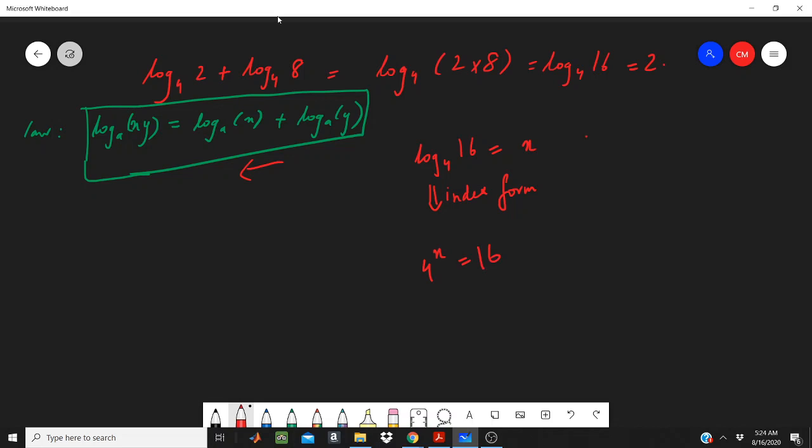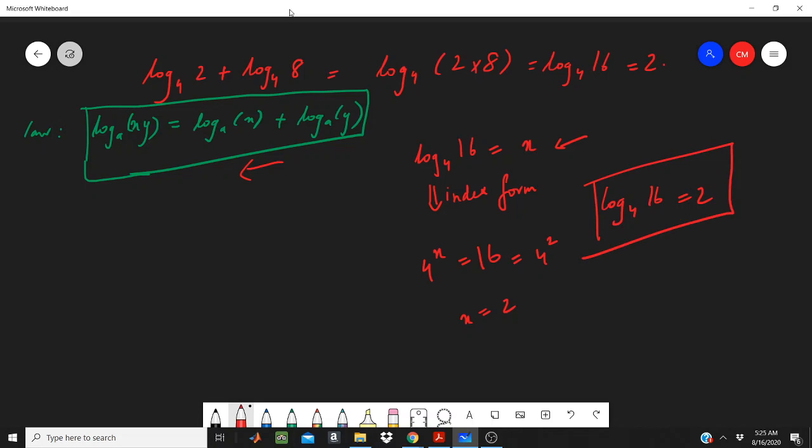So the logarithm computes this power. 16 is just 4 raised to 2, so x is just 2 here. So log base 4 of 16 is just 2.